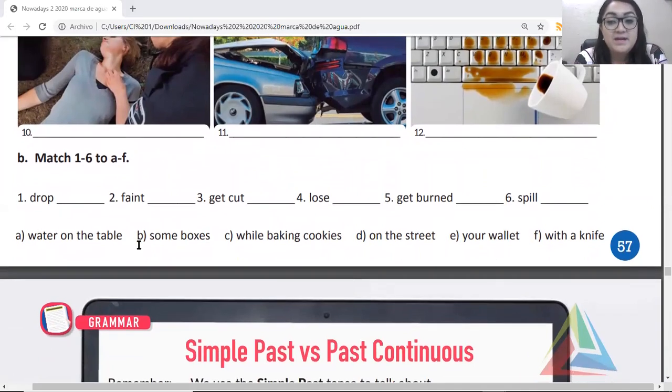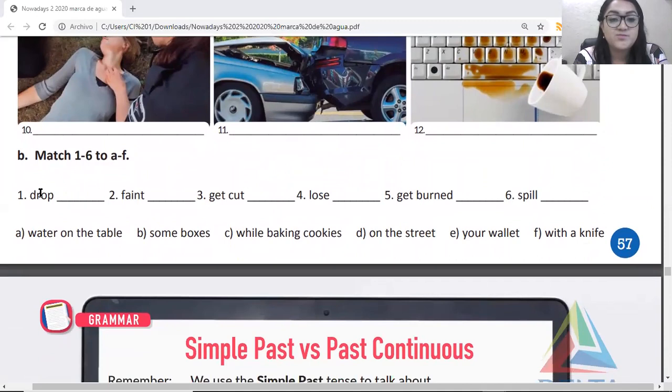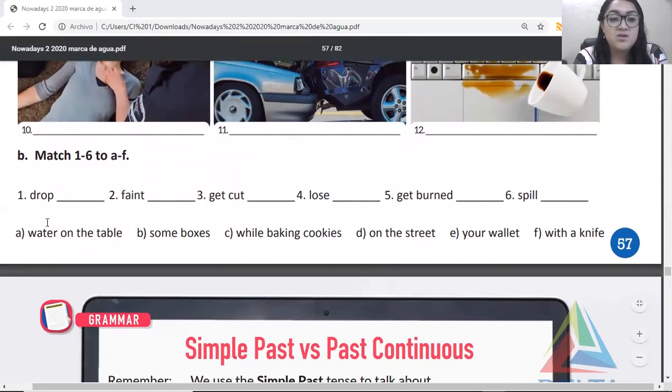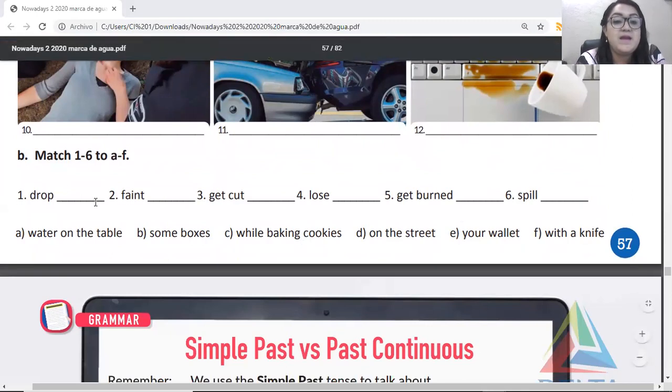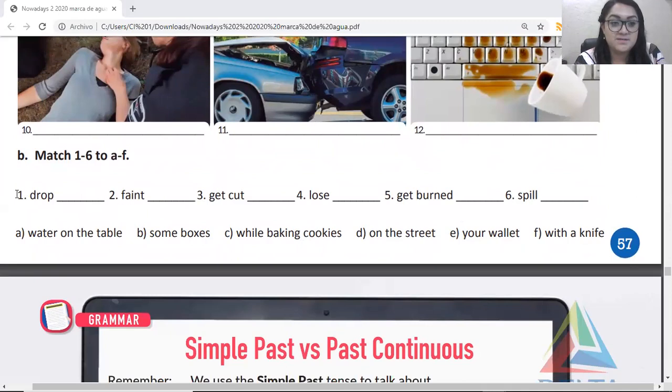Ahora vamos a unir estos pequeños phrasal verbs que tenemos arriba con el resto de las oraciones. Number 1, it will be with the letter B. Drop some boxes.